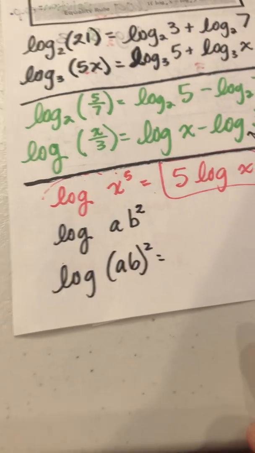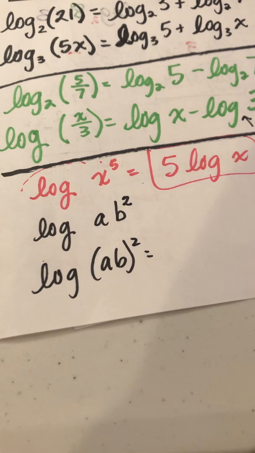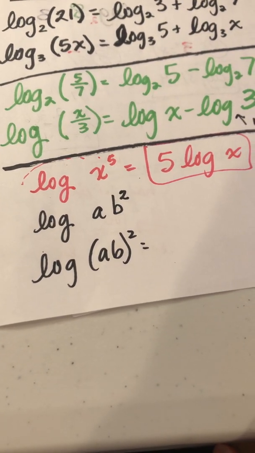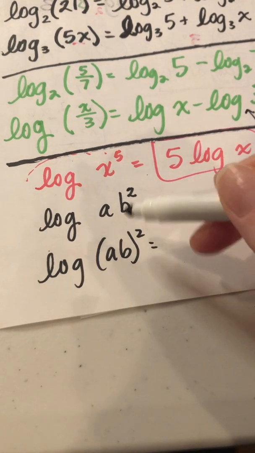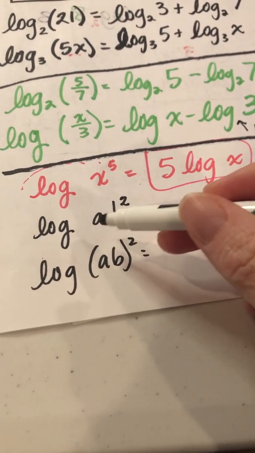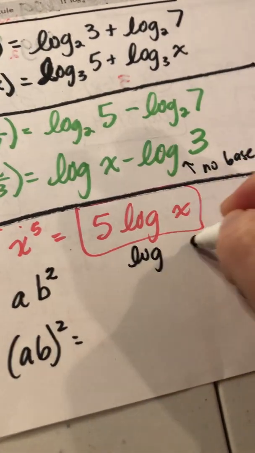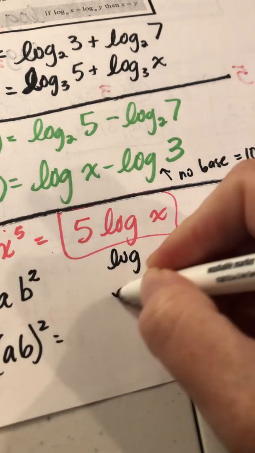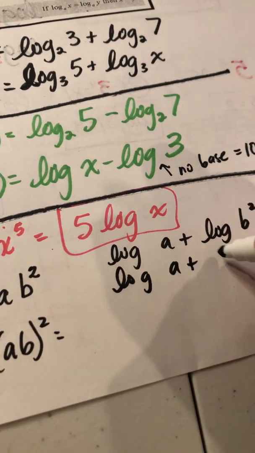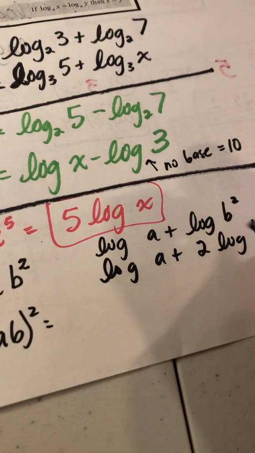Because they're both power. They both have an A and a B and a 2. I hope you saw that both of these are squared. So really, because this is A times B squared, what we would do is we'd say log A plus log B squared, and then we would bring that down to log A plus 2 log B.